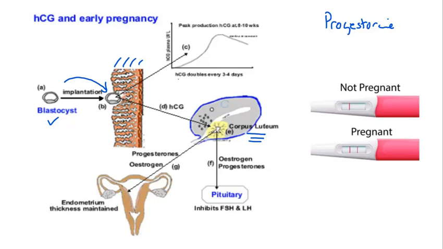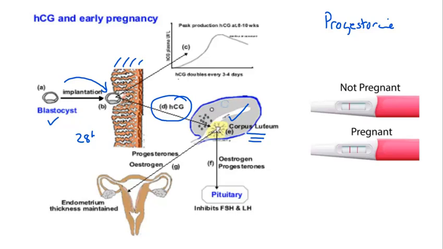Now, ordinarily at the 28th day of the cycle, this will begin to reduce, but the blastocyst will start to produce the human chorionic gonadotropin hormone, and this sustains the action of the corpus luteum.